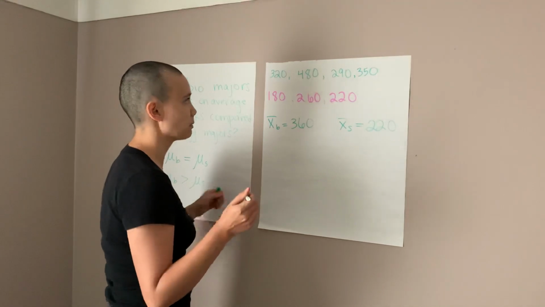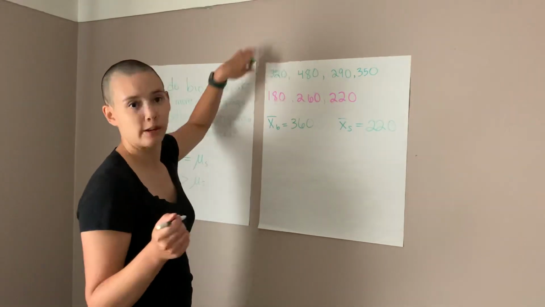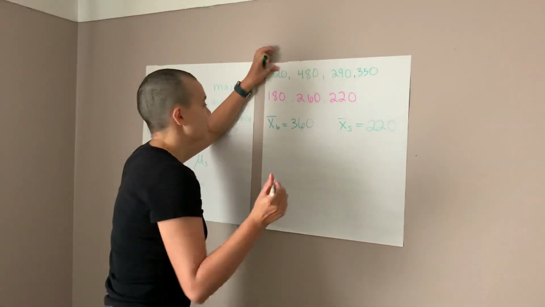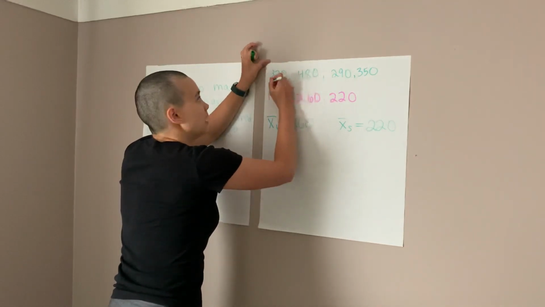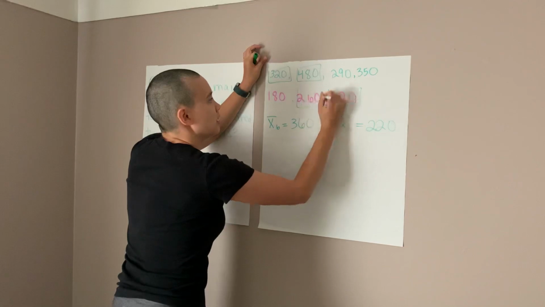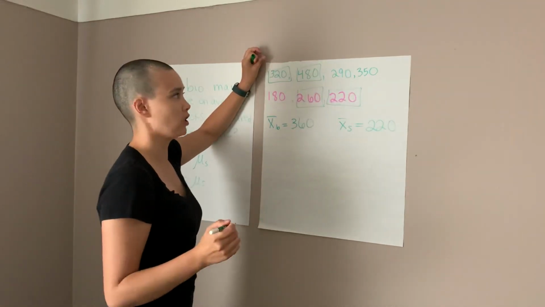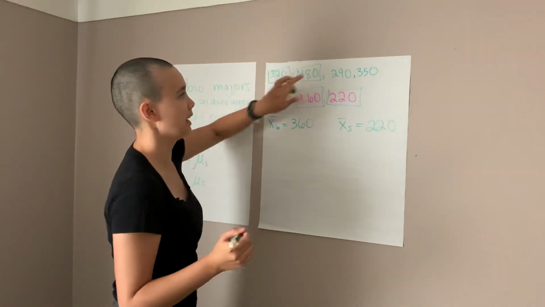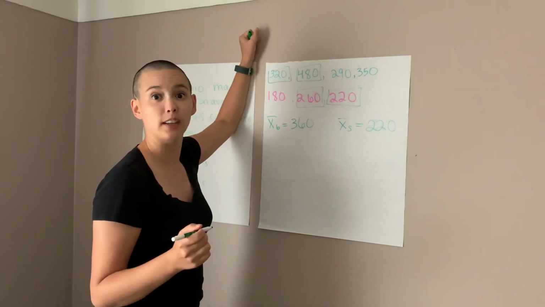So perhaps the first time, we randomize and find that these 4 numbers are for the biology group, and the remaining 3 are for the sociology group.